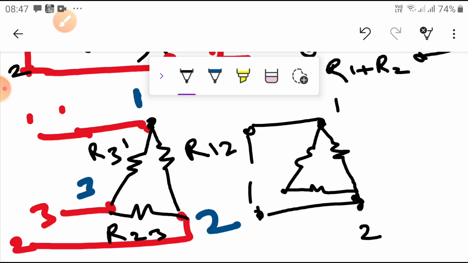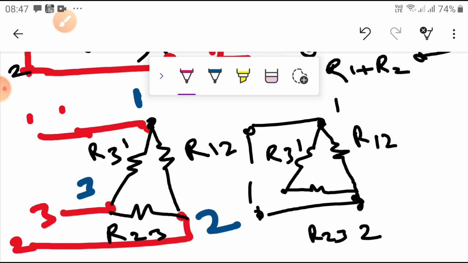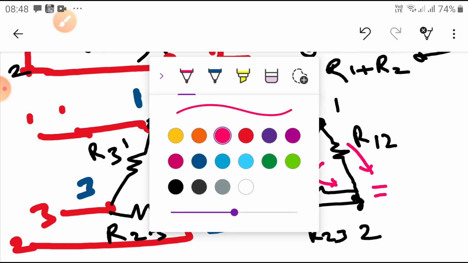You can see R12, R23, R31. R23 and R31 are in series and R12 is in parallel with them. So this can be represented simply.